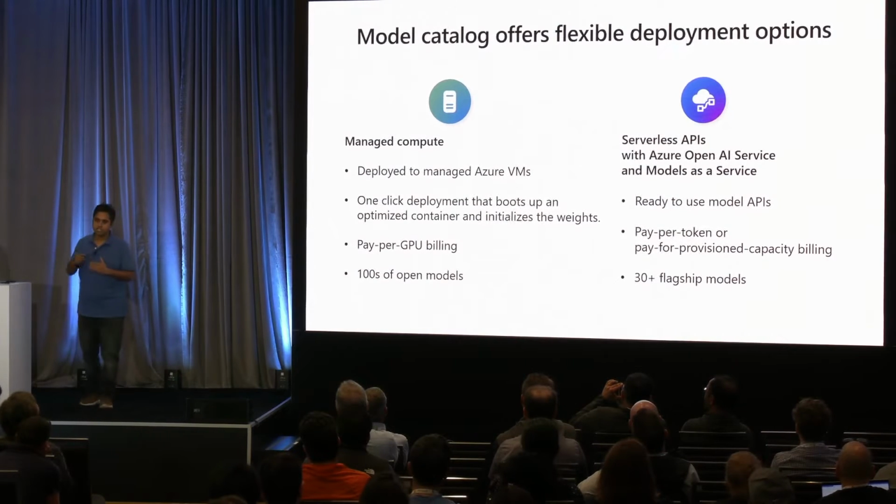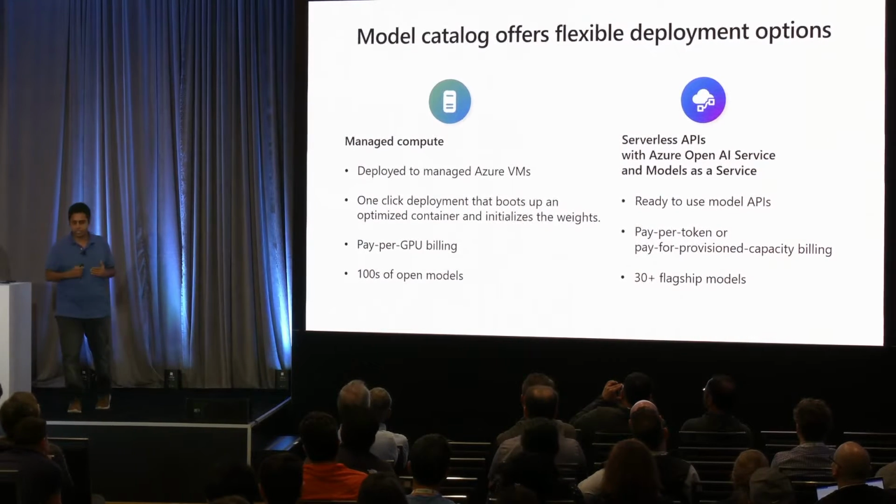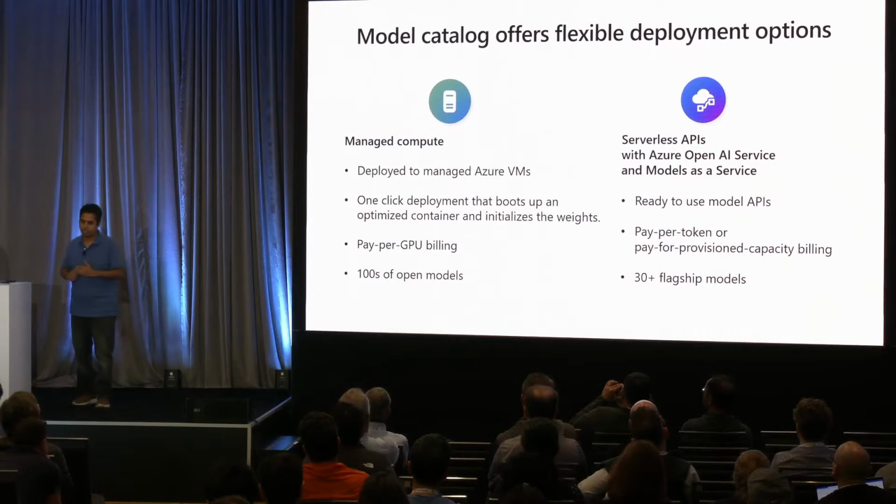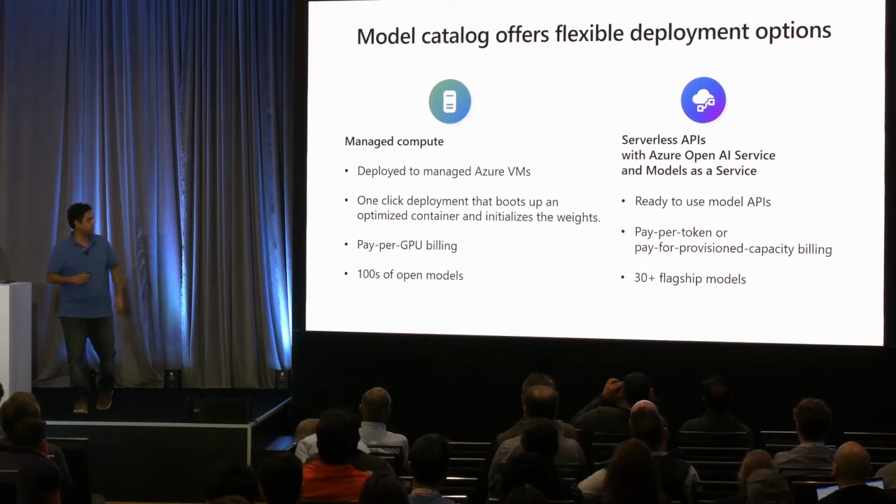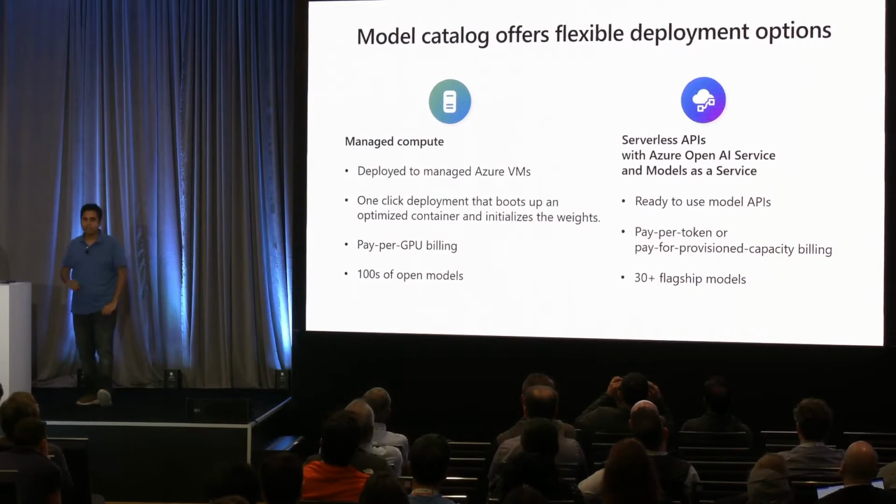And then the Azure OpenAI service also offers provisioned capacity as you grow and scale to be more effective at large scale workloads, offering predictable latency. That is coming for models through the model service very soon. And all the flagship models are typically available as serverless APIs on the platform.